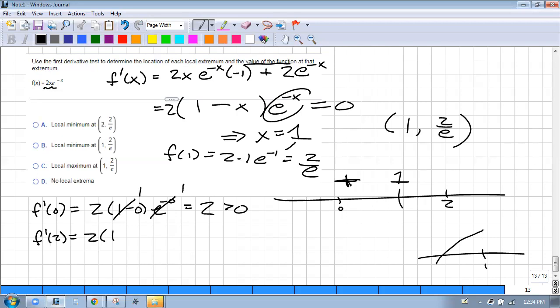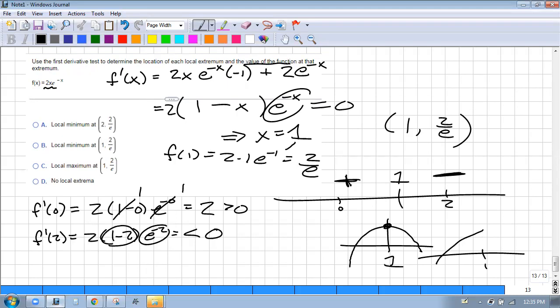We have 2 times (1 minus 2) times e to the minus 2. This is a positive number, this is a negative number, so this whole thing is negative. So boom, that tells us first it's increasing and then it's decreasing, right? So at 1, that tells us that it is a maximum.